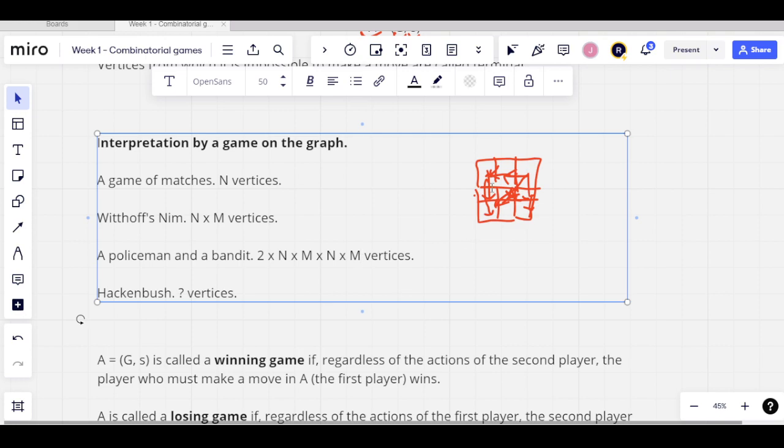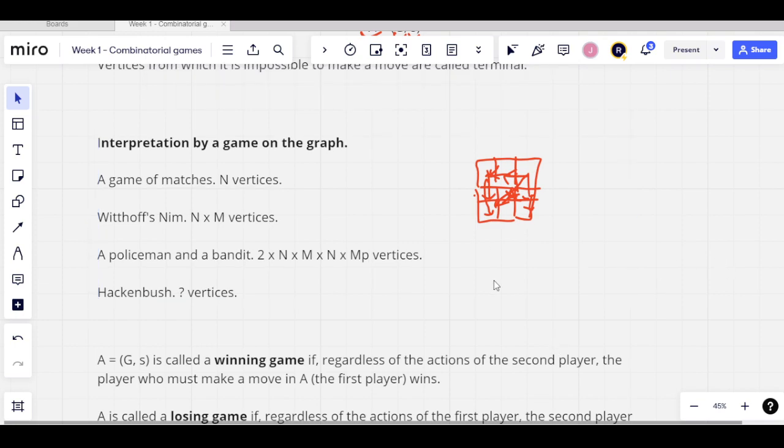For example, we have one layer, we have n layers of our game.